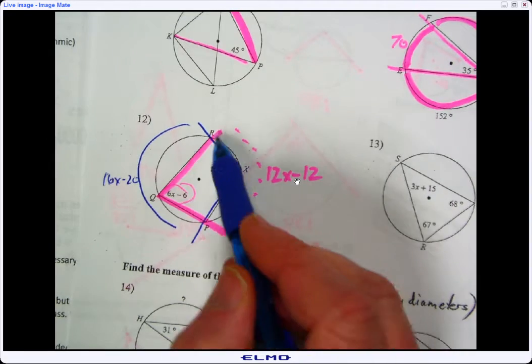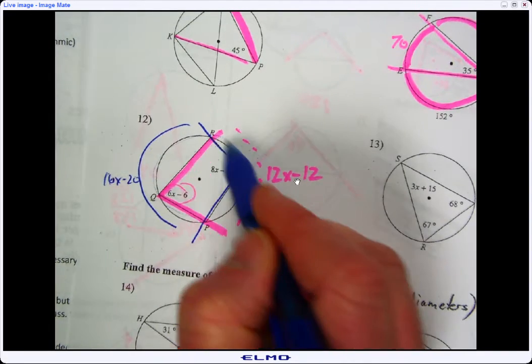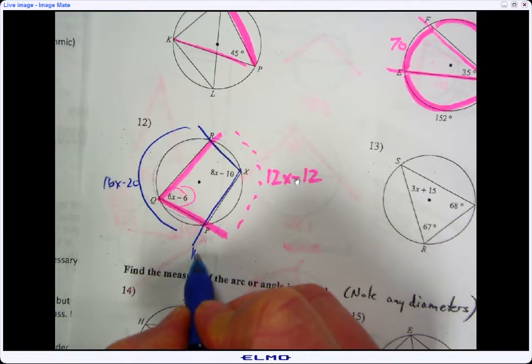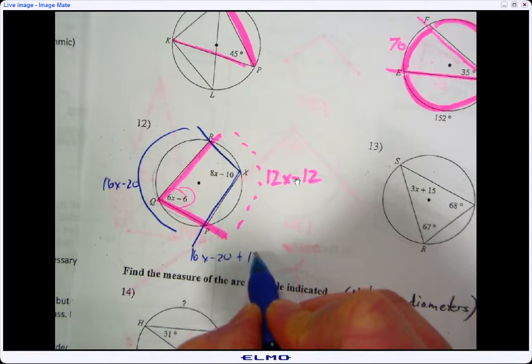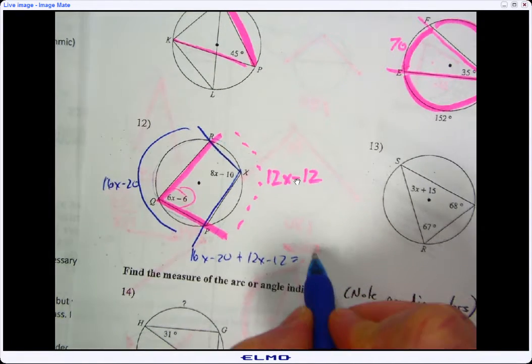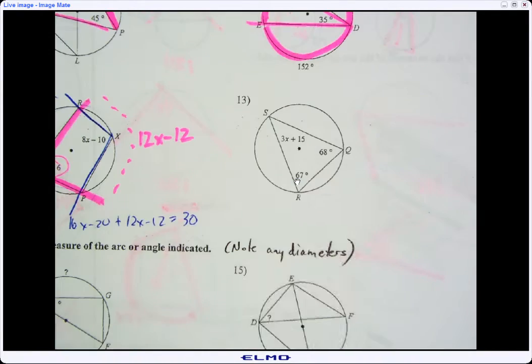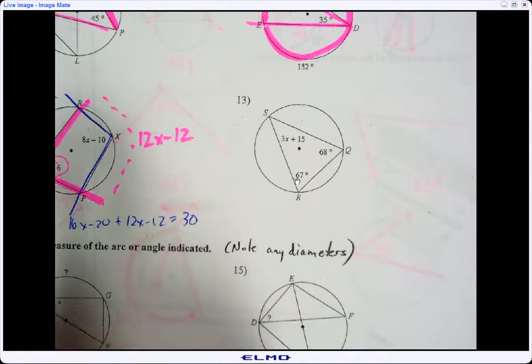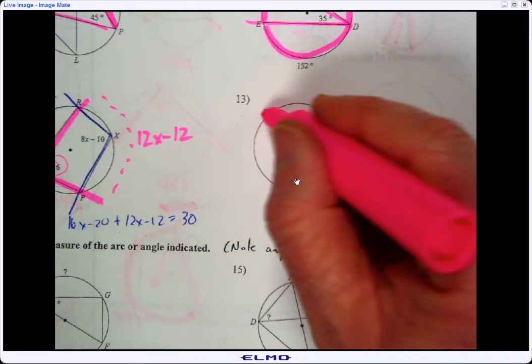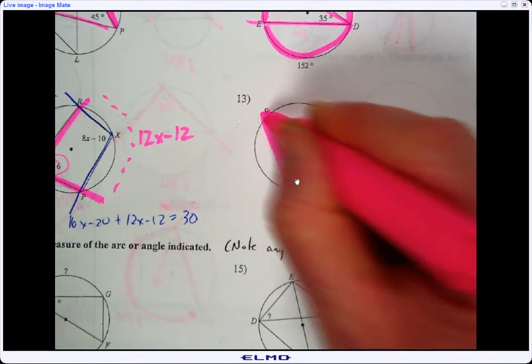All the way around is our circle. So 16x minus 20 plus 12x minus 12 equals 360. This last one is just a triangle problem: all 3 angles add up to 180. They make a triangle. That's kind of review.